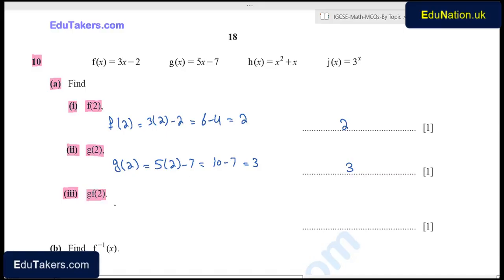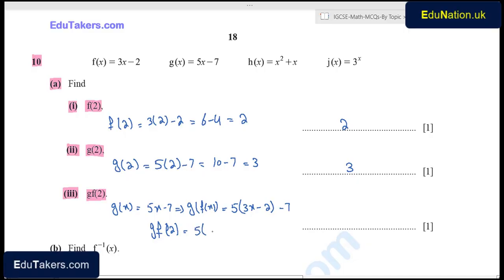Now g of x is equal to 5x minus 7, and then g of f of x is equal to 5 into f of x, which is 3x minus 2, and minus 7, and we have to calculate g of f of 2.